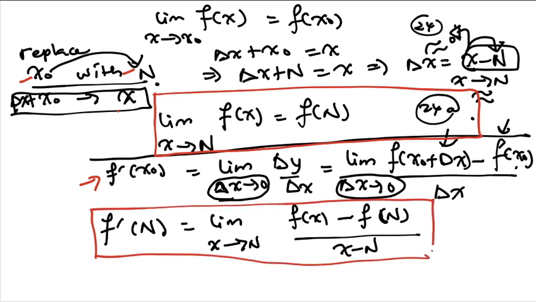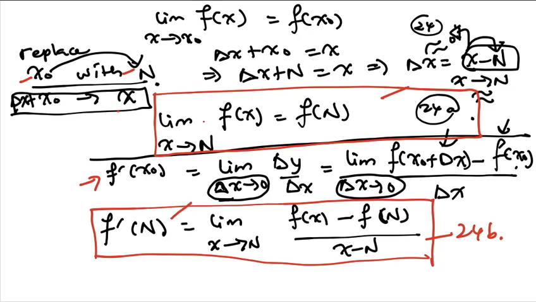Let's call this one 24b. What I want to show here is that the continuity condition follows from the differentiability condition.